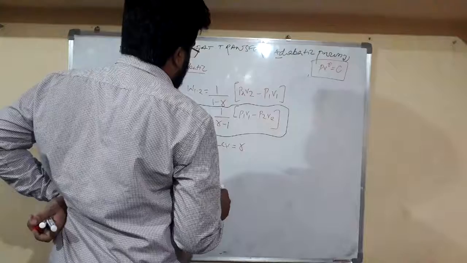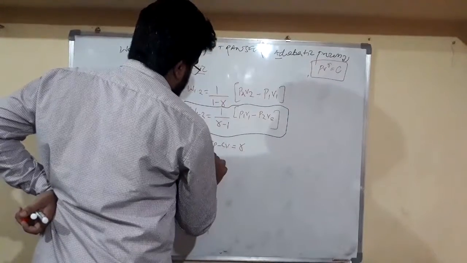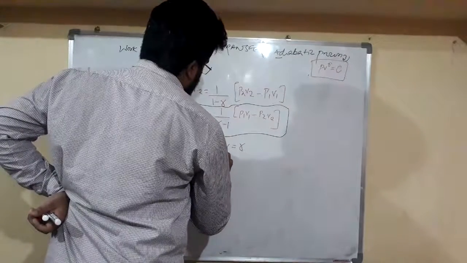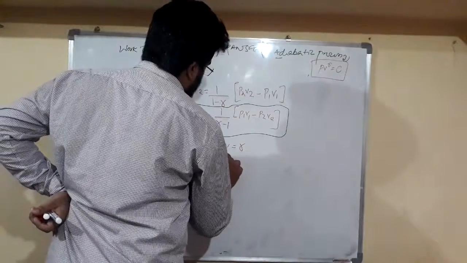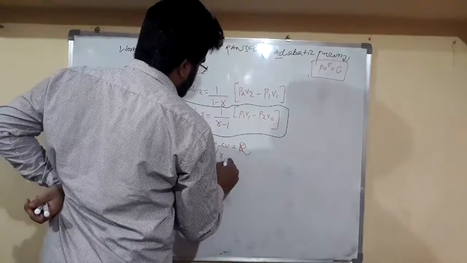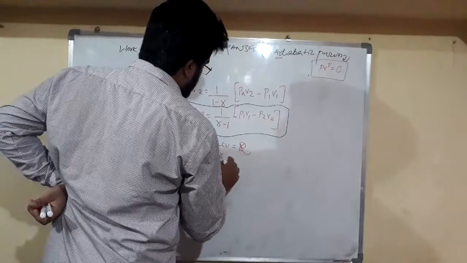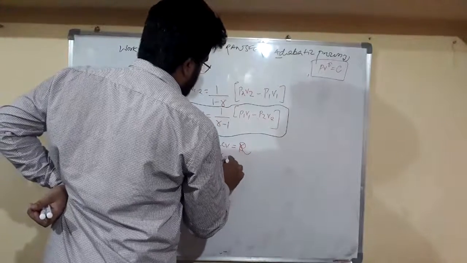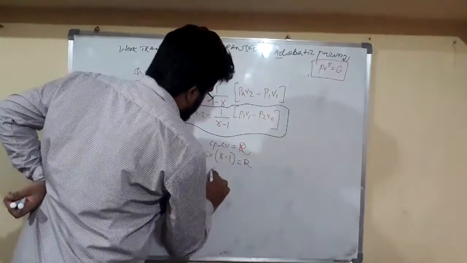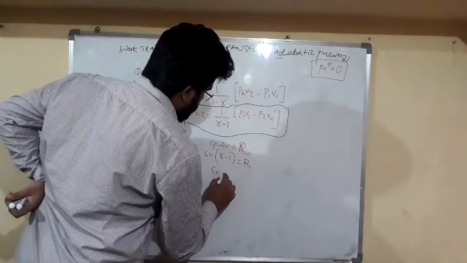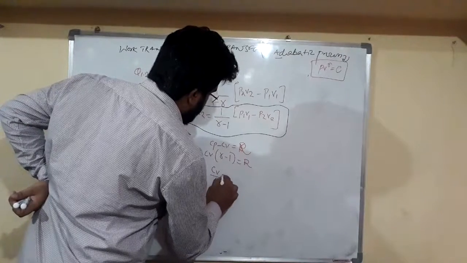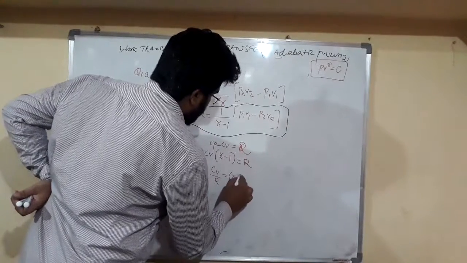Dear friends, if we take Cv as constant, then Cp upon Cv becomes gamma. Also, Cp minus Cv is equal to R. So we can write it as Cp upon Cv minus 1, and Cv upon R is equal to 1 upon gamma minus 1.